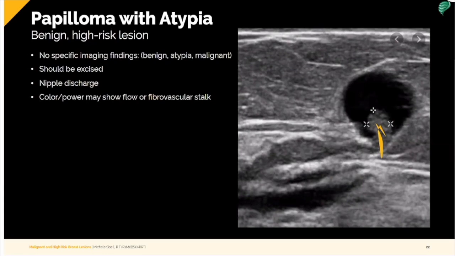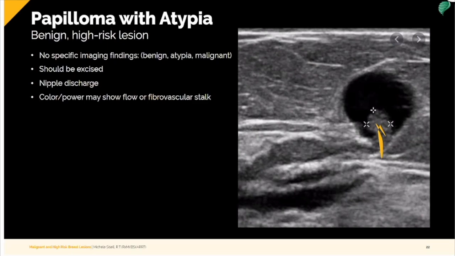So most facilities will even recommend a surgical excision if it is benign, for fear of upgrade post-surgical excision. Papilloma, mammographically or sonographically, may not have any imaging features to differentiate whether it is benign with atypia or malignant, hence the reason for excision.